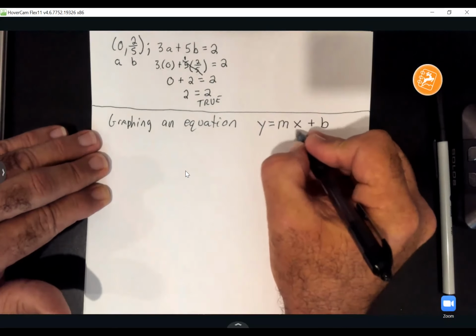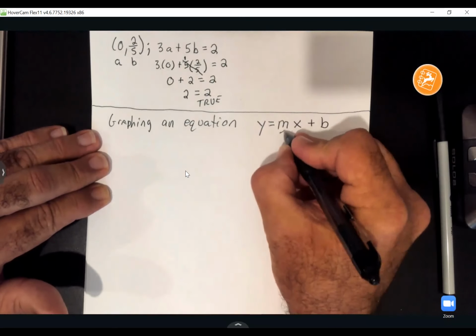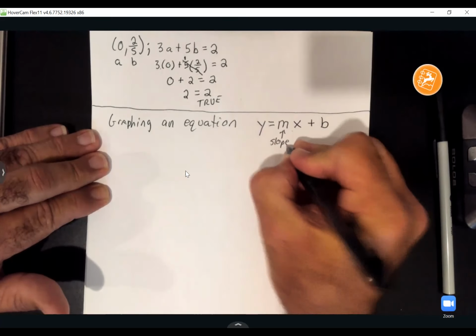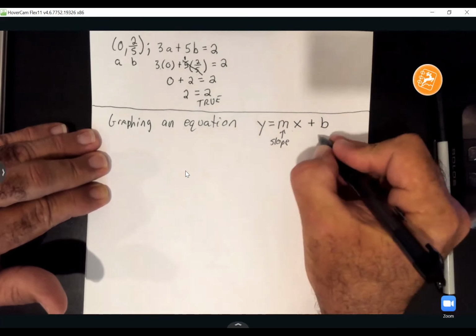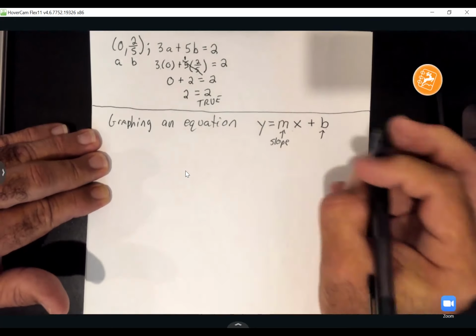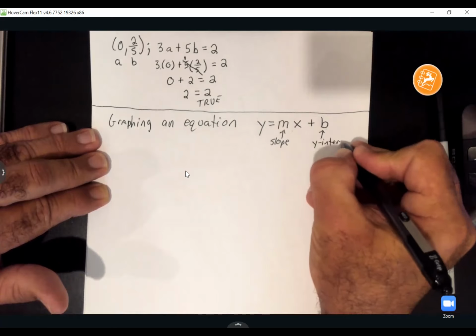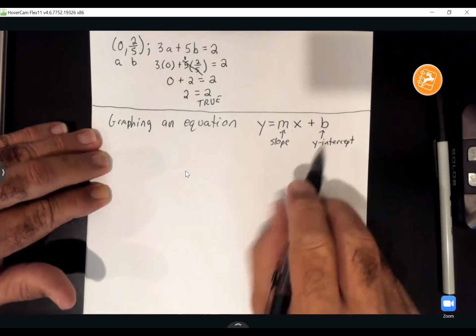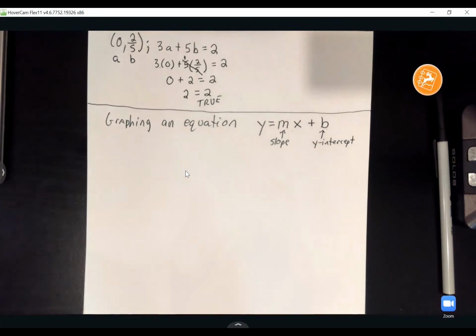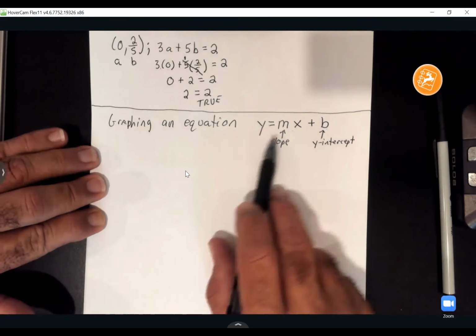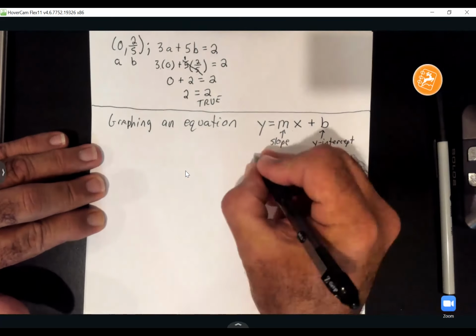So if there's a number in front of the x, that little m, we're going to learn later that that is the slope of these lines. This b at the end, we're going to learn later that that is the y-intercept. The y-intercept is the y value where it crosses over the y-axis, okay? But this is a general form of an equation. This is called the slope-intercept form of a line.